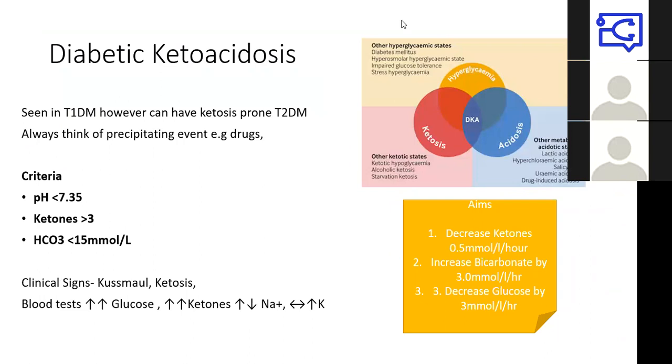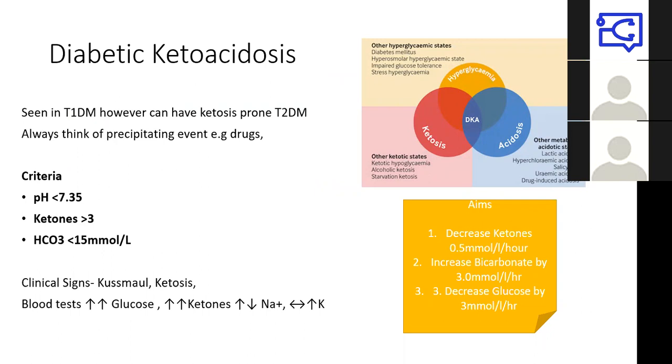Now, in this instance, we're talking about DKA, and DKA is something that you see in type 1 diabetics, but you can have type 2 diabetics who have ketosis as well. It's very important to note that around 6% of DKAs occur in patients with newly presenting type 1 diabetes.